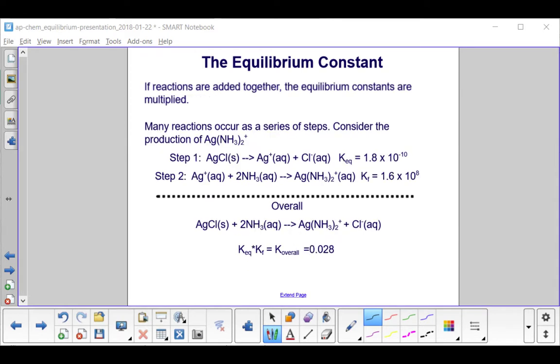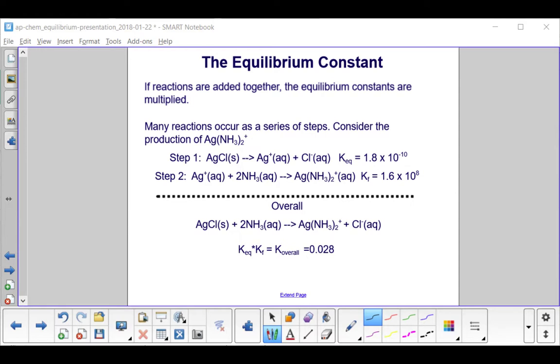If reactions are added together, so I have a multi-step reaction, the equilibrium constants are multiplied. Many reactions occur as a series of steps, so let's consider the production of AgNH3 with a +1 charge. Step 1 is the separating of the silver chloride solid into its ions.